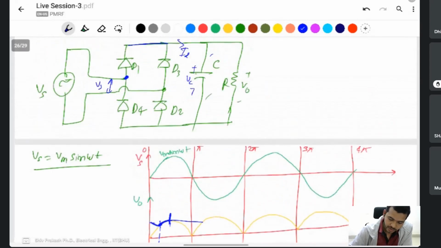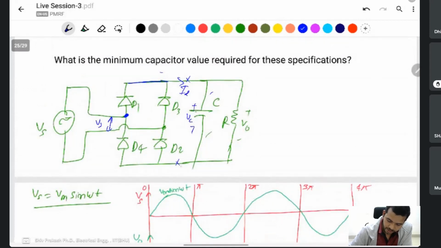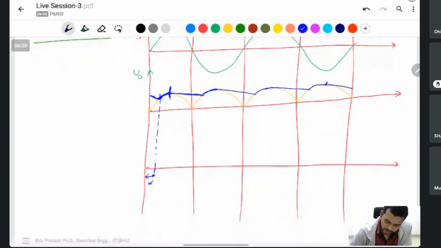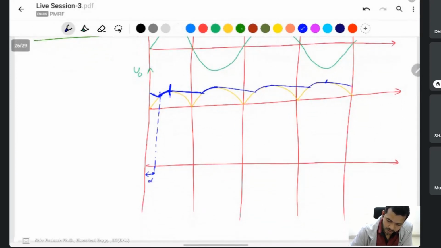That's why the source circuit is disconnected, and the capacitor supplies current to the load. This is the charge time and this is the discharge time of the capacitor. In the new cycle, it charges and discharges again. It means the output voltage looks like that.